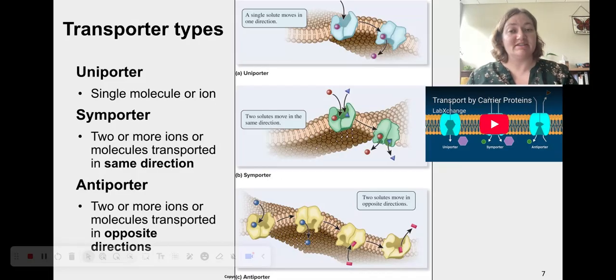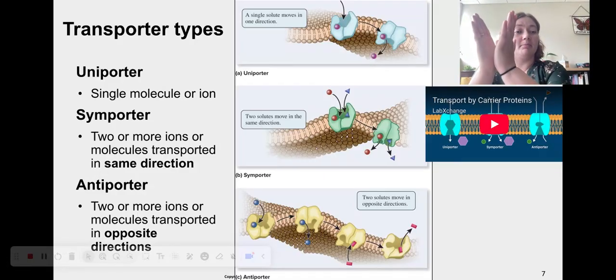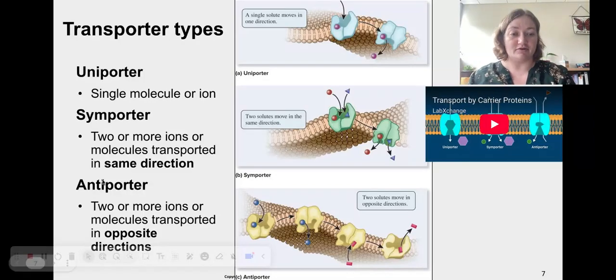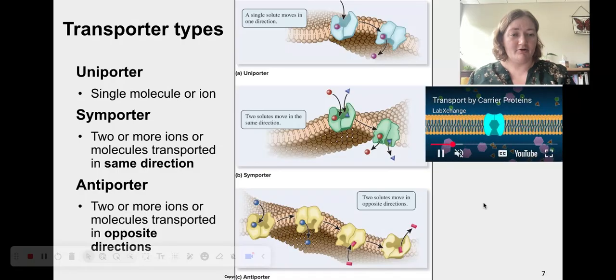We can also have a transporter that is a symporter, right? A symporter means that instead of just one molecule or ion coming into the transporter, there's two coming in at the same time. And once the two bind, we change our conformation and they move to the other side. All right, again, I kind of have a little video that demonstrates it here.